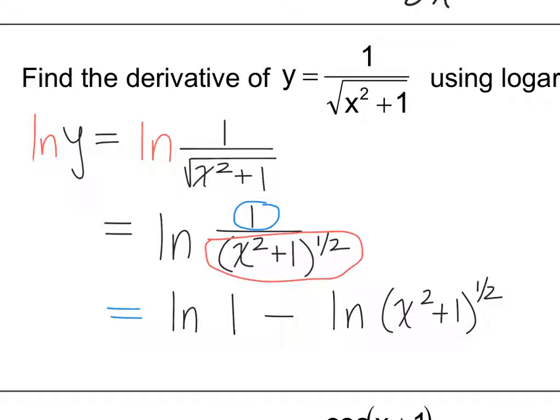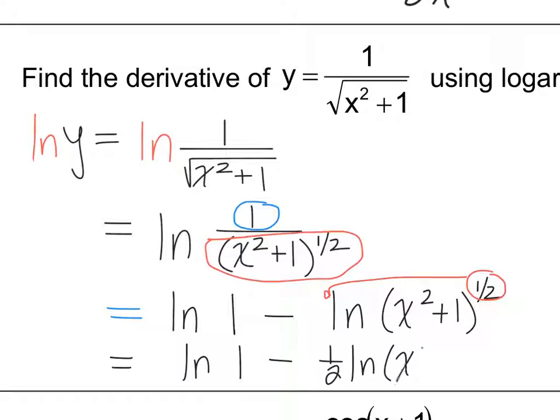We have the power of that expression that'll become the coefficient. So we have ln of 1 minus 1/2 ln of x squared plus 1. And ln of y on the other side.